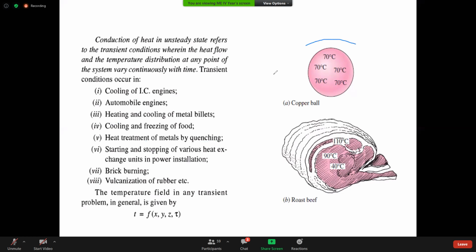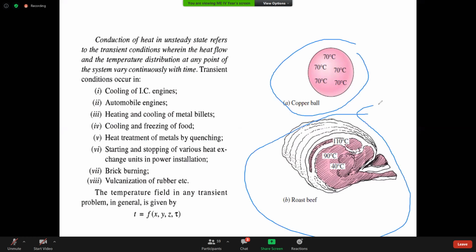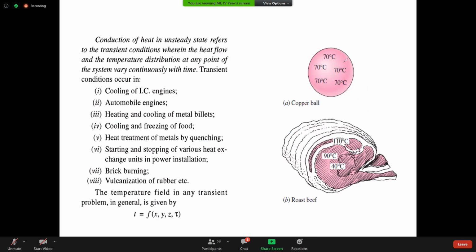So here there are two cases. This is one case, and this is another. If you heat a ball, a copper ball or metal, it will have more or less uniform temperature. There may be some 1 or 2 degrees difference. It doesn't matter, so that uncertainty will be there. The temperature of the particular material, whatever it may be, depends upon time.